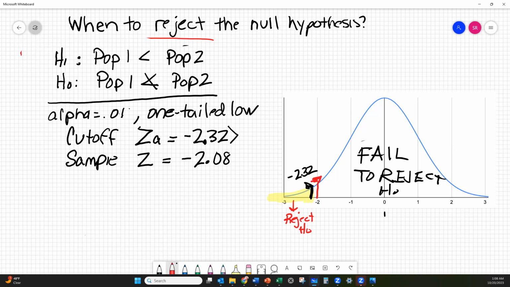So Z equals minus 2.08, and the cutoff point, Z alpha, was minus 2.32. And so our sample score is not in the shaded region. The sample score is in this white region, and so we have to fail to reject H0.